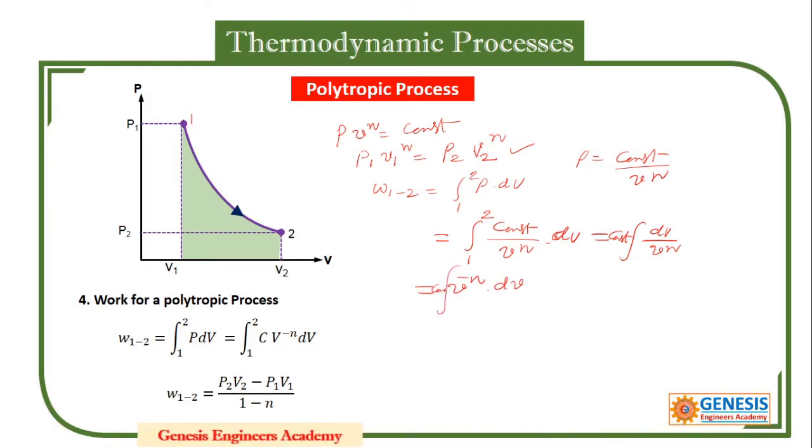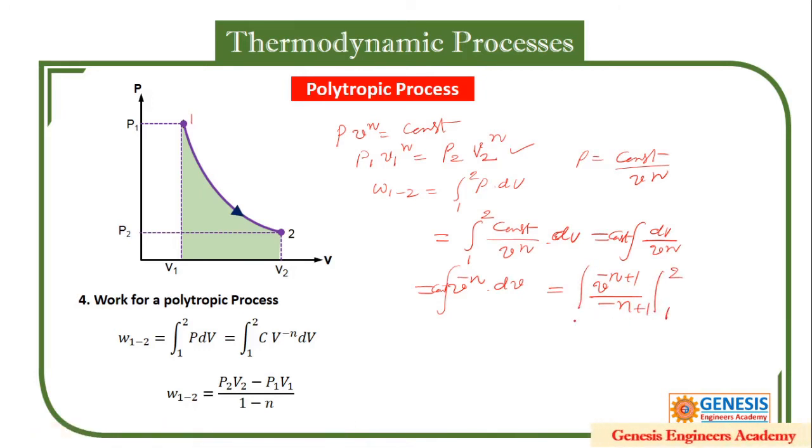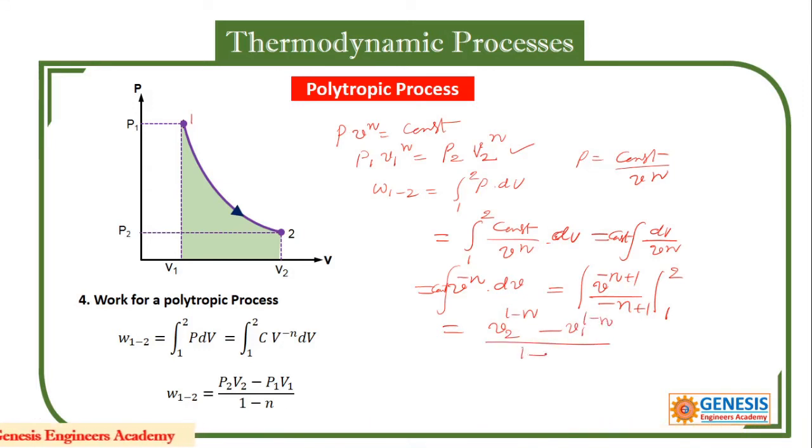Okay, so after carrying out the integration, I will get this as an answer. This is state 2 to state 1. Okay, so now it becomes V2 to the power of 1 minus n minus V1 to the power of 1 minus n by 1 minus n, before that a constant.